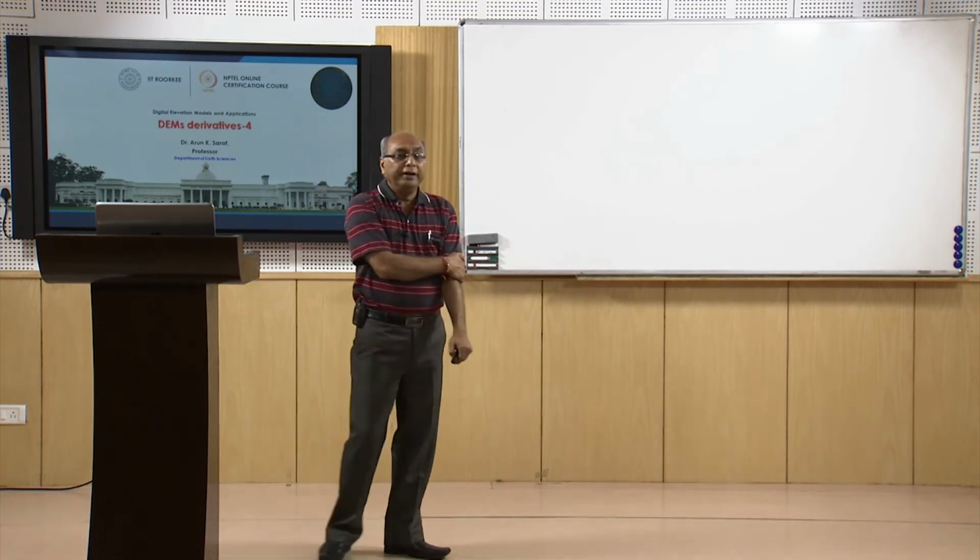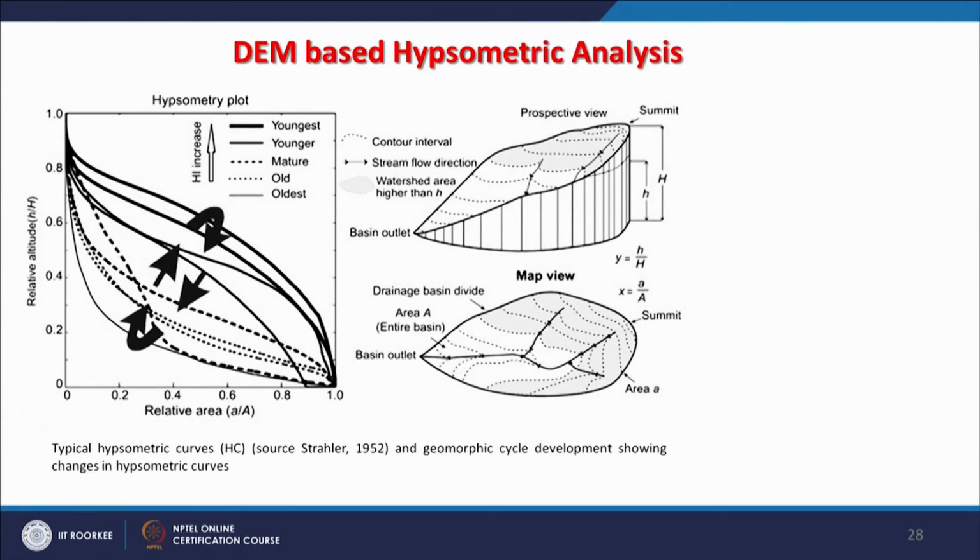Now, a few more derivatives which can be derived using digital elevation models. A very popular analysis nowadays is hypsometric analysis. Quickly, in 3-4 slides I am going to cover this one. Basically these hypsometric curves will tell how slopes vary, and whether the basin or drainage area has a very young terrain or has matured.